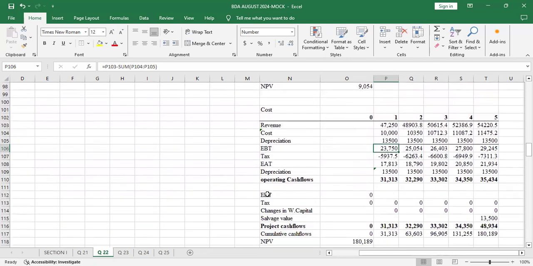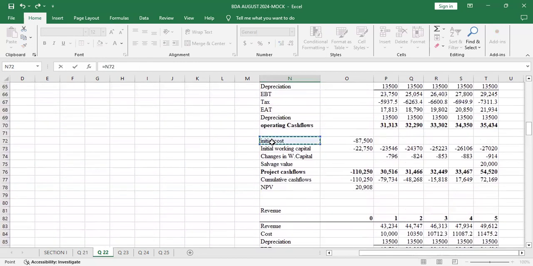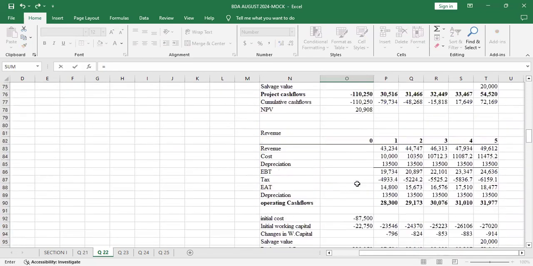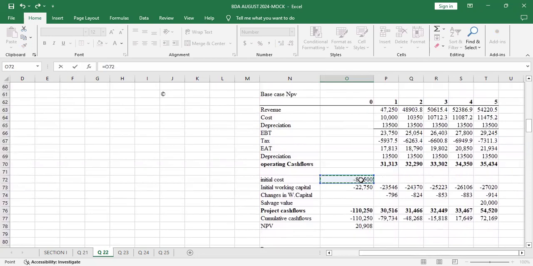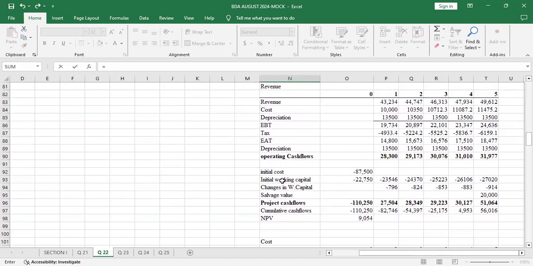Then now we go to here, we'll have the initial cost. It was this. Yes, you pick the original data. Then here we have initial working capital.